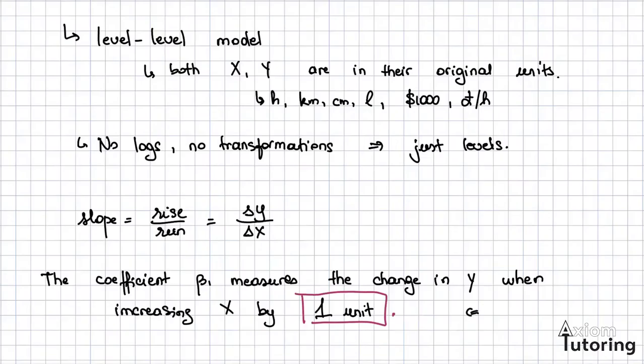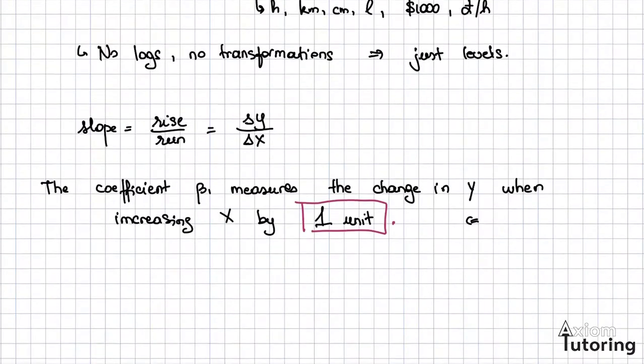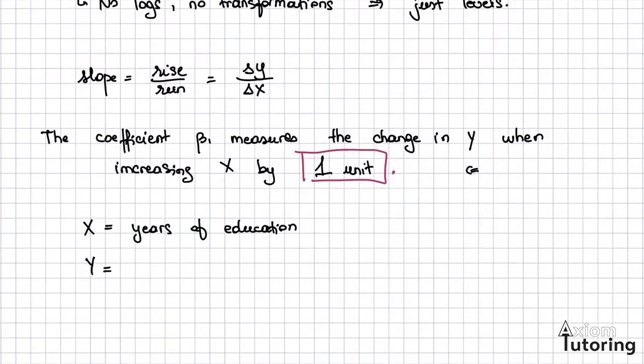You are not including any percentages or elasticities or any kind of wording to that interpretation, okay? So imagine, for instance, that x is years of education and y is annual salary in pounds.